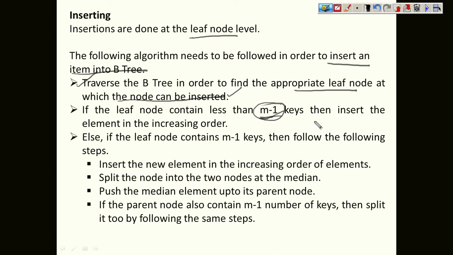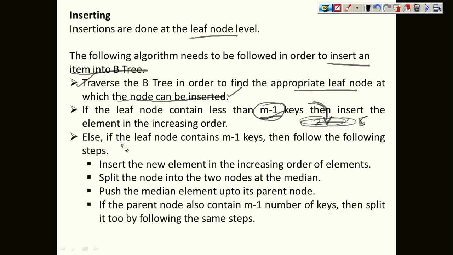So let's say any node can hold 5 keys, and there are only 2 keys, then you are allowed to insert the new key into the same node. But let's say this node has a capacity to hold 5 values, and 5 values are already there, and then you need to insert a new key, then you are not allowed to insert it in this node, but you need to use some mechanism so that it maintains the properties of B trees.